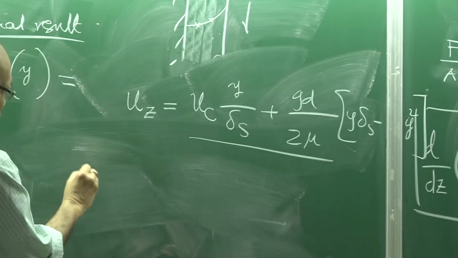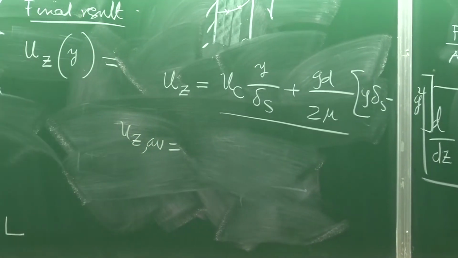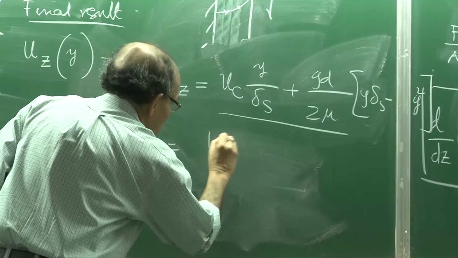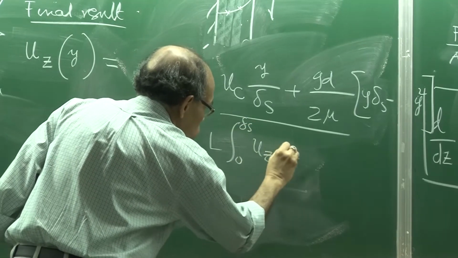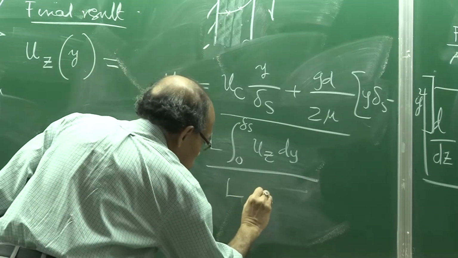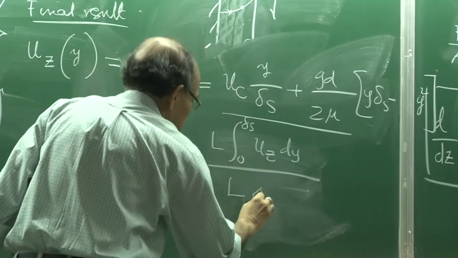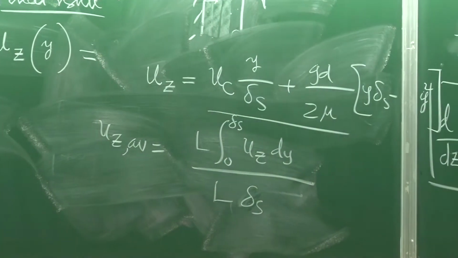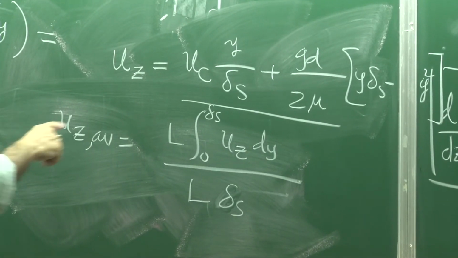Now, I want to find out what is uz average, and for that I have to integrate from 0 to delta s. So, that is the expression of the cross-sectional area average.